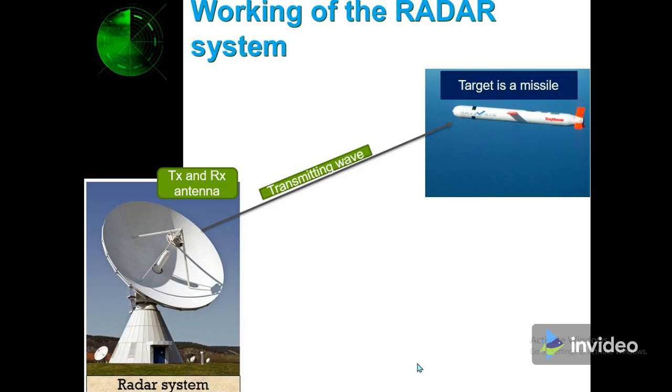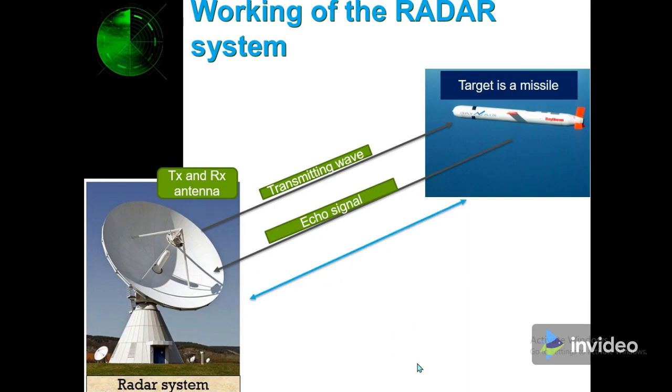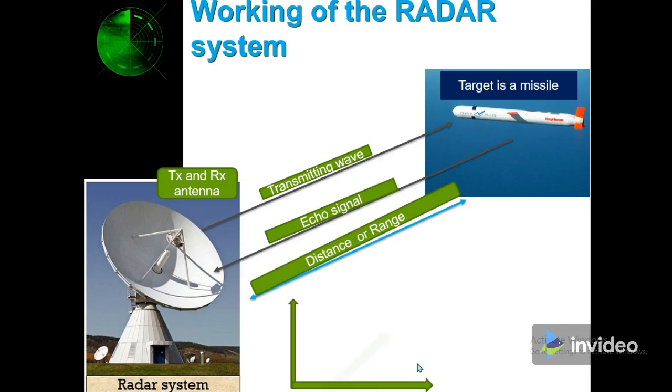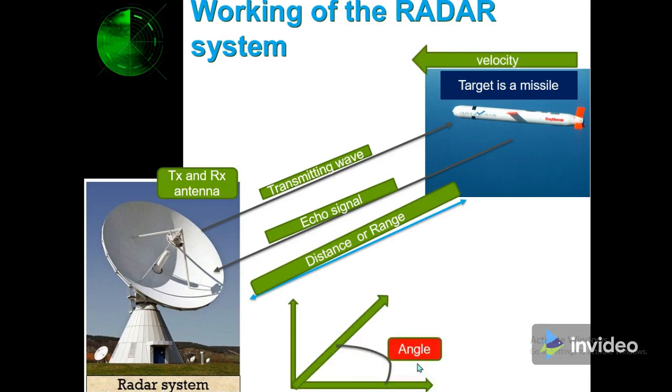Once it hits the surface, it goes back to the radar system, and that we can call the echo signal. With this we can determine the range and distance, the angle, the velocity, and the position of the target.